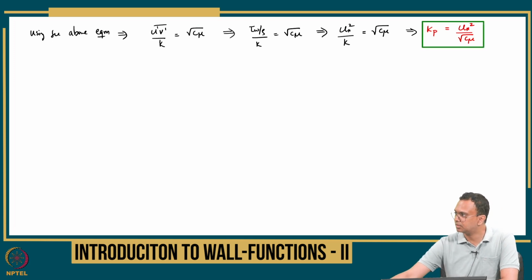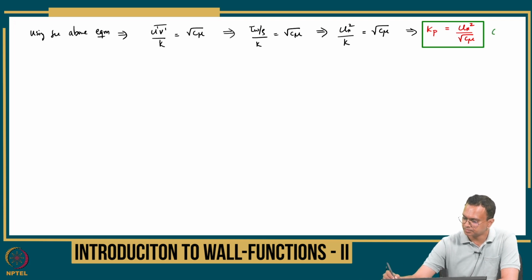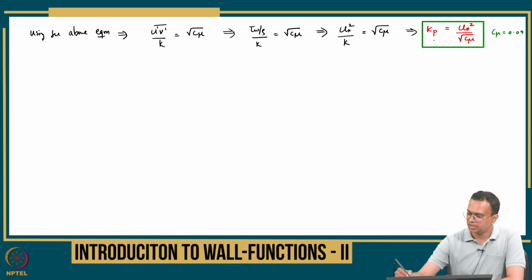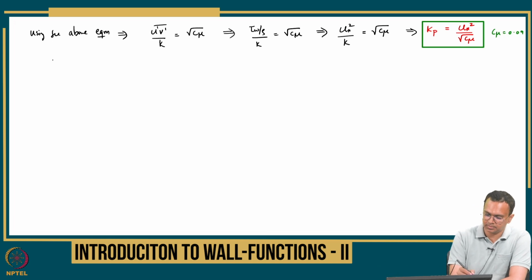So k at node p, you need u star square or u star, and then c mu value you already know, right? C mu is 0.09. So we have figured out at least how the turbulence kinetic energy k at p node we can introduce, which is u star square by square root of c mu. But how to get u star then?